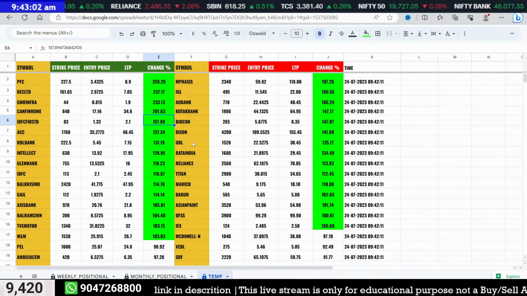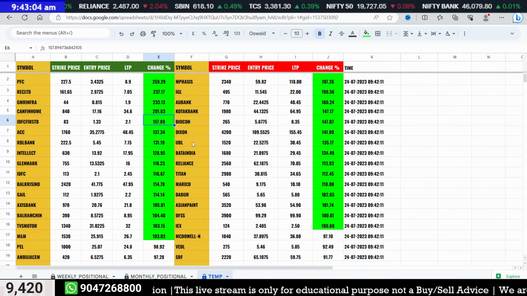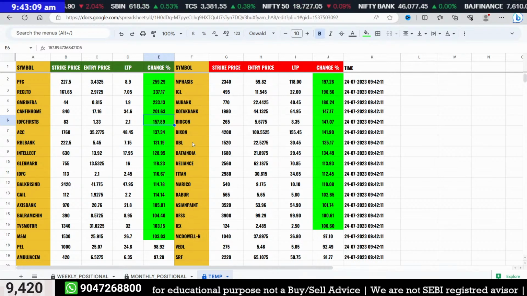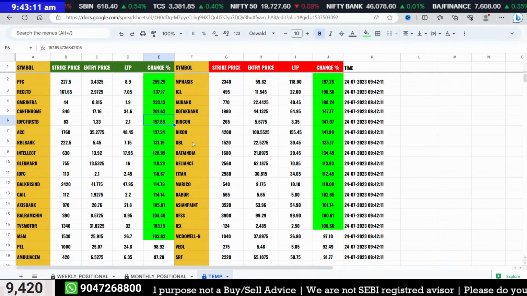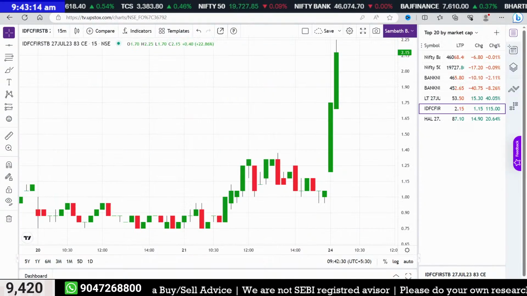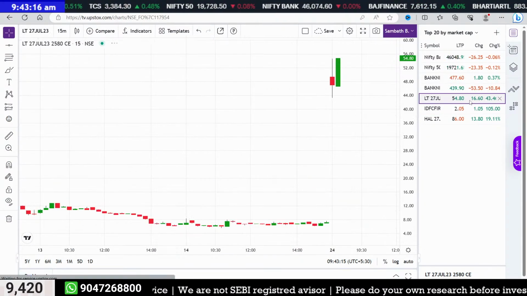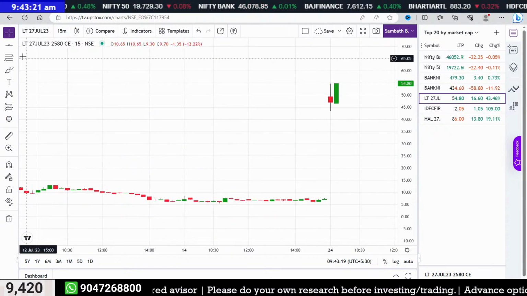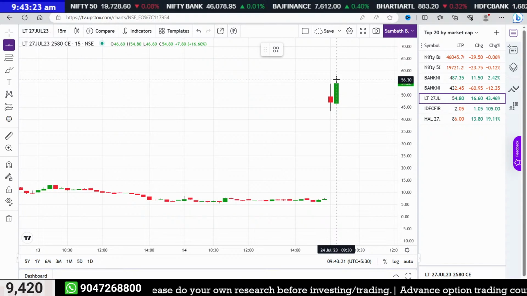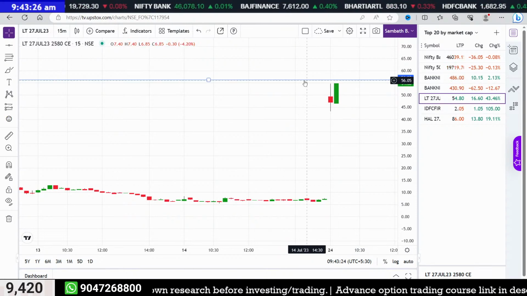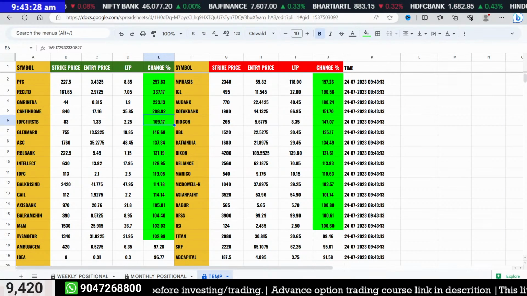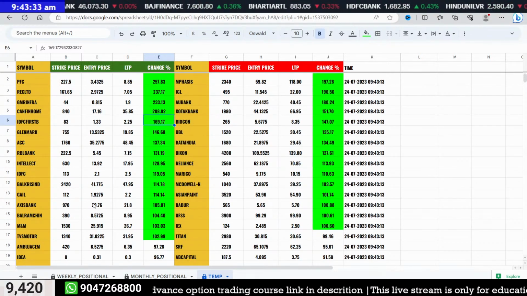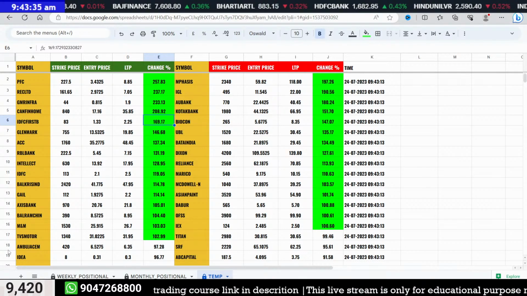I think LNT, which we are tracking since morning, was 56 above. Now it has come to 54.2 on LNT. Maybe there are chances for further upside. So 54.8, our breakout, which I'm focusing around 56. So that will mark the level. 56, what is the level which I have seen on LNT? I think it's not there.